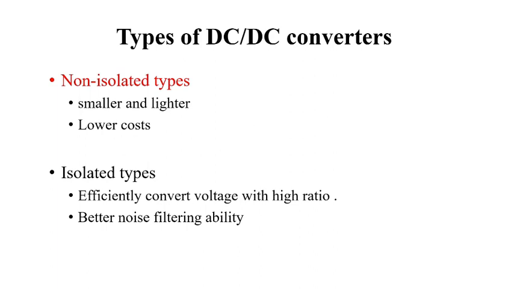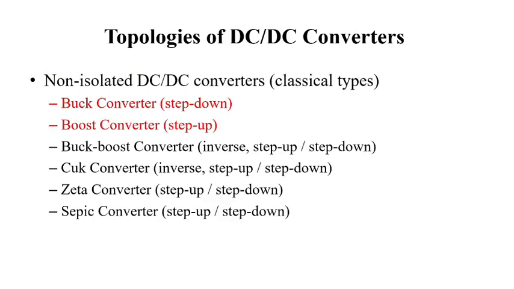On the other side, the isolated type converters have better noise filtering ability and efficiently convert the voltage with a high ratio. So let us discuss more about the non-isolated type converters.